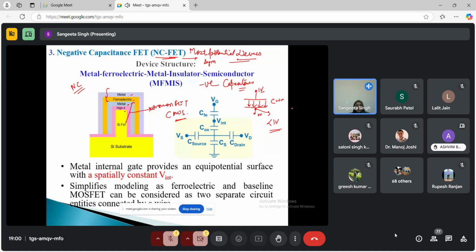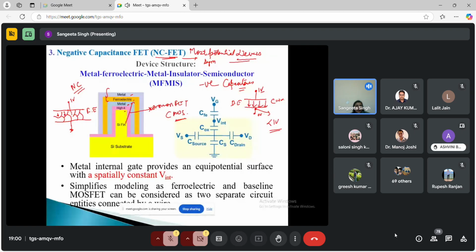But for negative capacitance, if this is metal plate 1 and this is metal plate 2, instead of having a dielectric medium, you will have a ferroelectric medium. What will happen to this? These ferroelectric materials have dipoles.